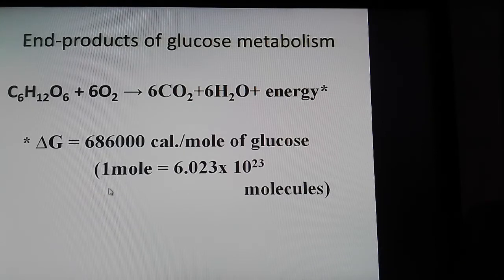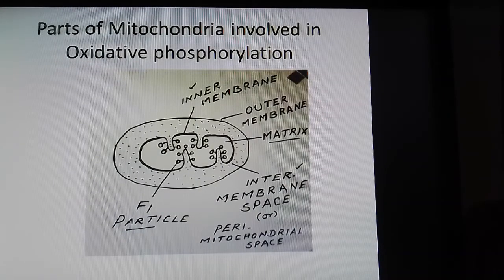About 686,000 calories of energy are released from the metabolism of 1 mole of glucose. This is the amount of molecules present with 1 mole of glucose, and this will be the total amount of energy out of 1 mole of glucose, and that occurs spontaneously in the mitochondria.